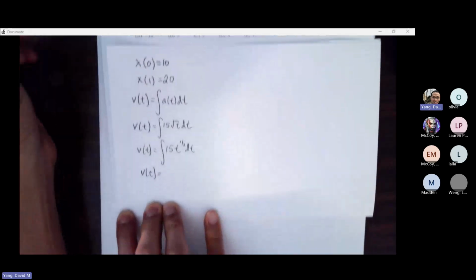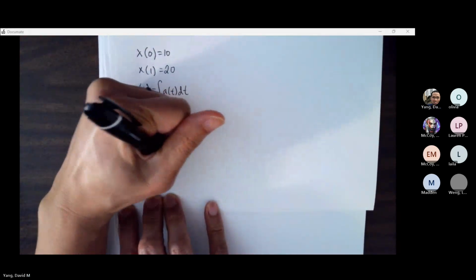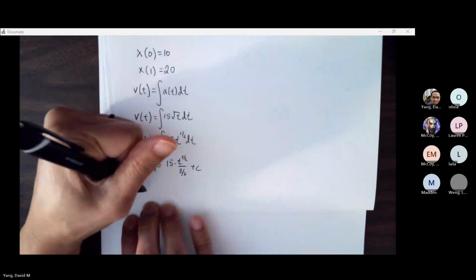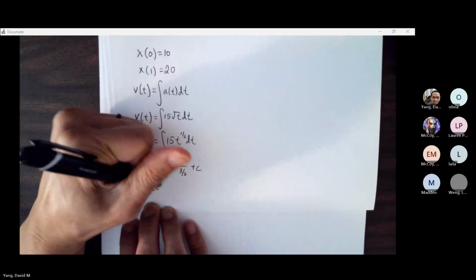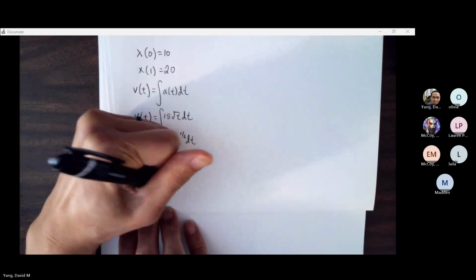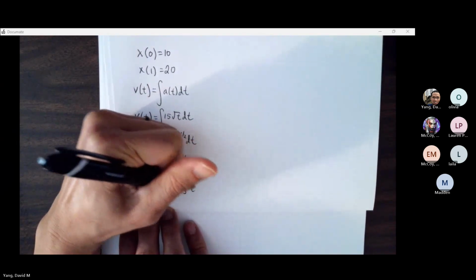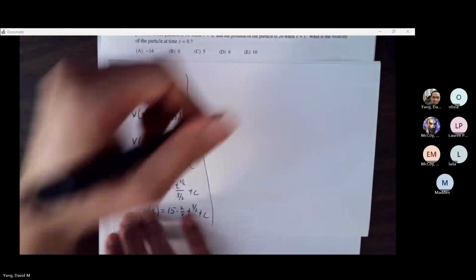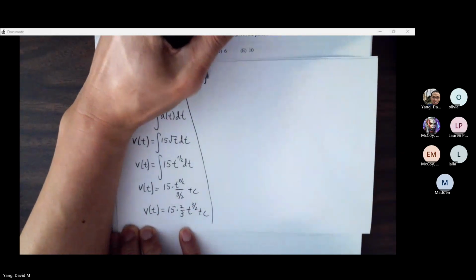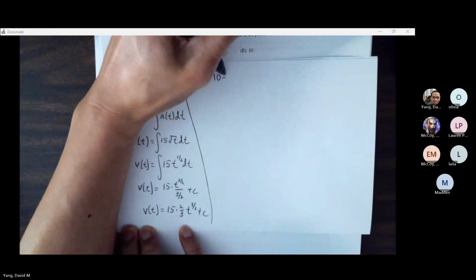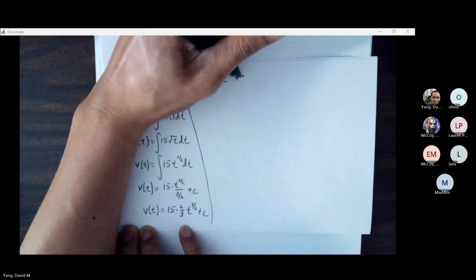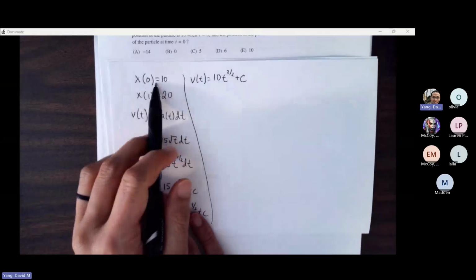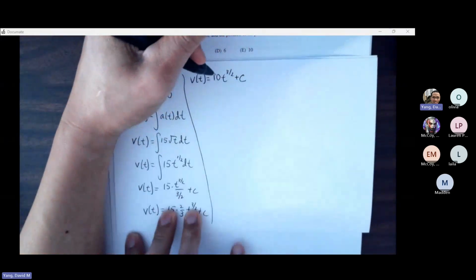Okay, so apply power rule. We have data at the position level, so I'm going to keep going and make my way up to the position function.